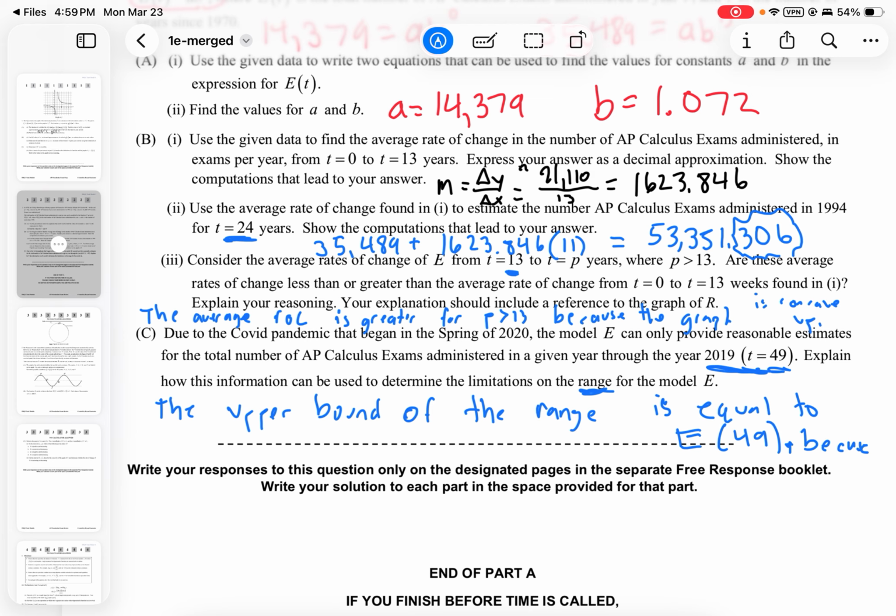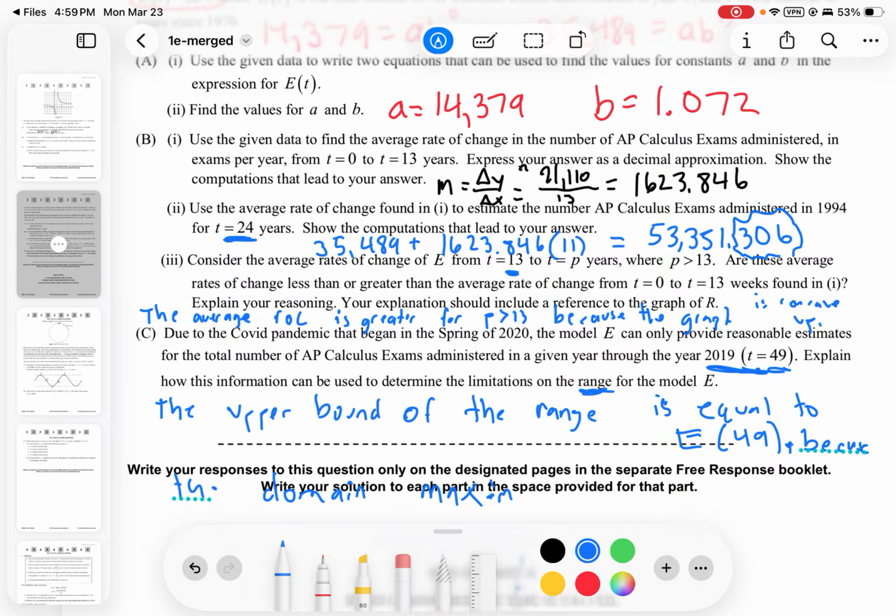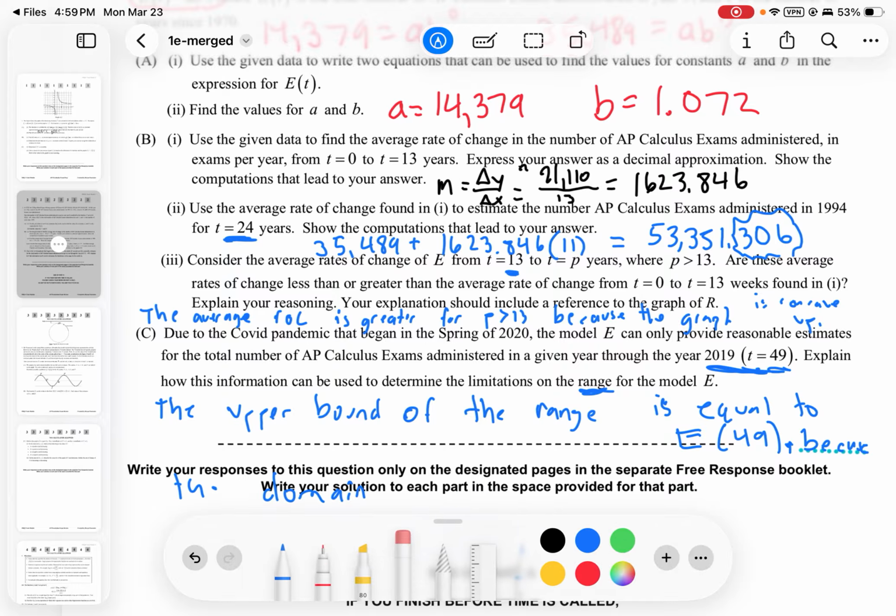Because the domain reaches a max of 49. Let's see if that's sufficient.